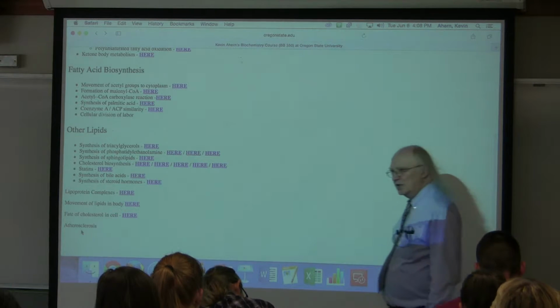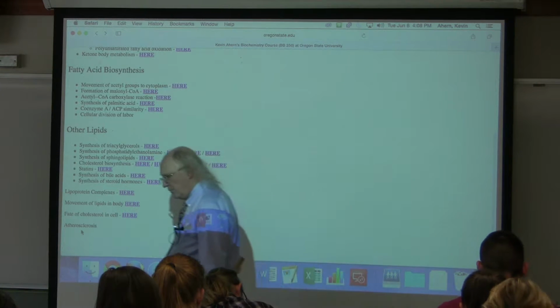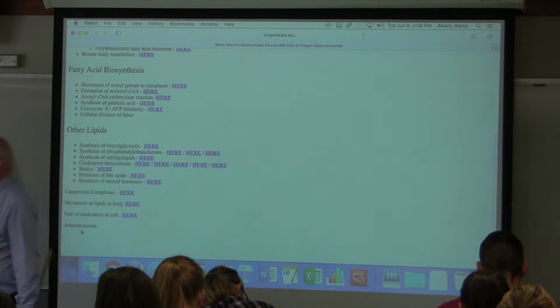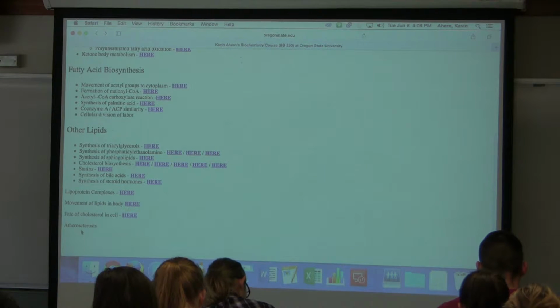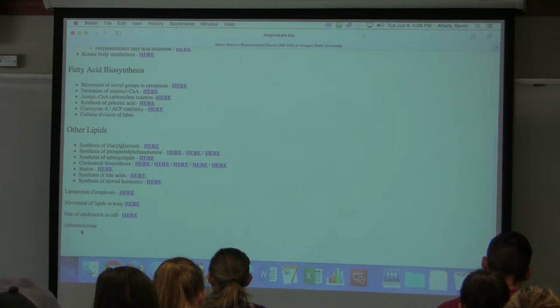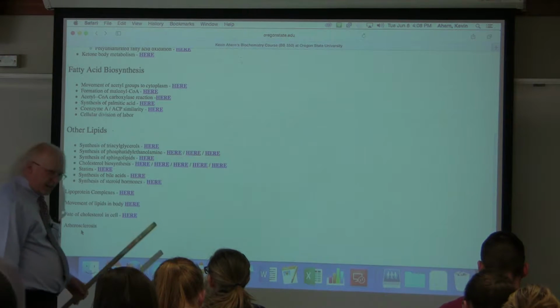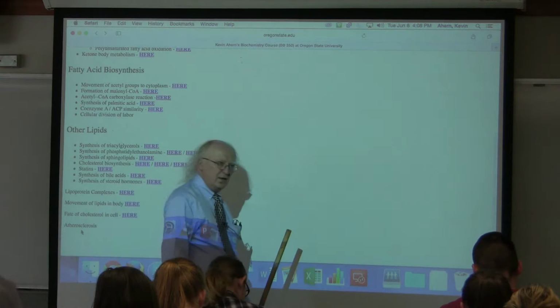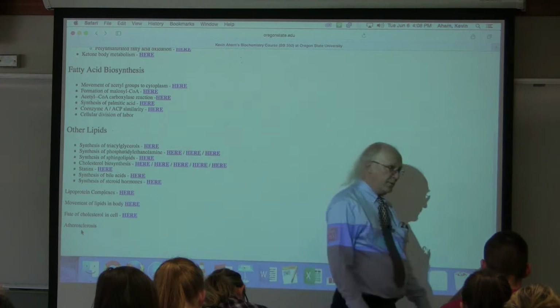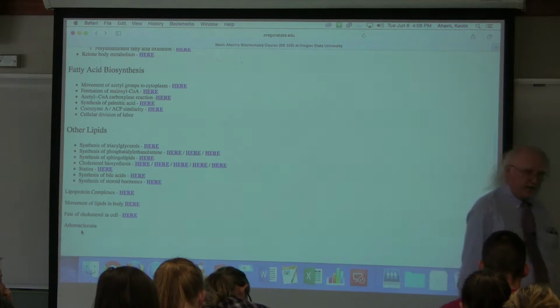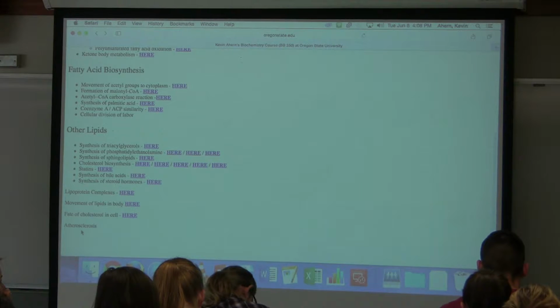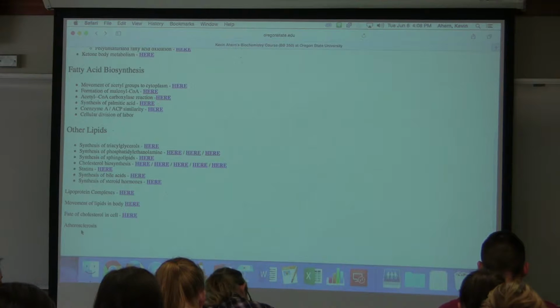So when your doctor looks at your profile of lipoprotein complexes, the doctor will be happier the higher your HDL levels are and the lower your LDL levels are. And he or she will be unhappier the higher your LDLs are and the lower your HDLs are. So you want to have high levels of HDLs, low levels of LDLs.